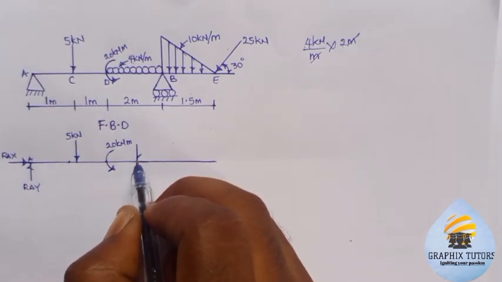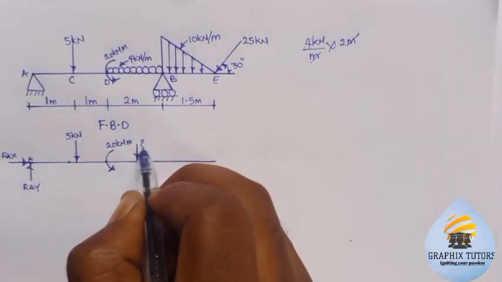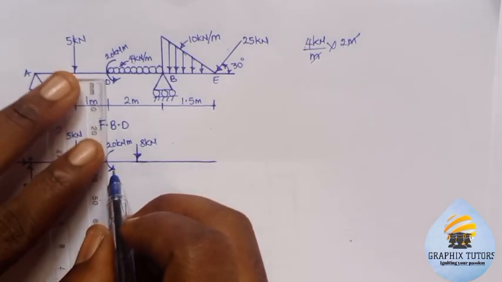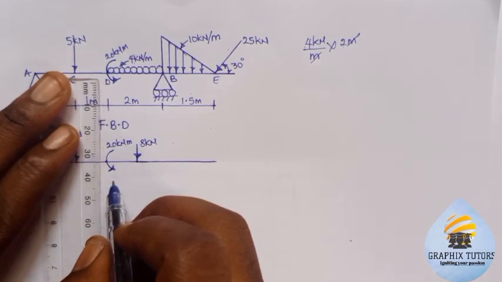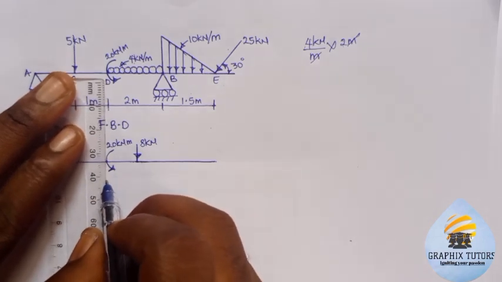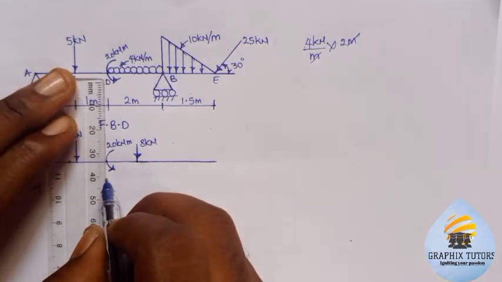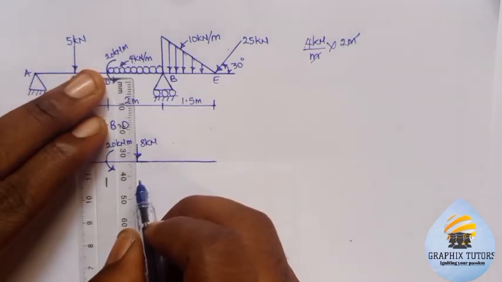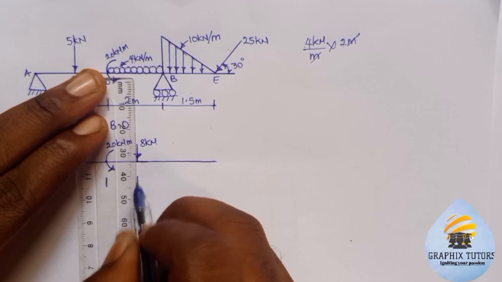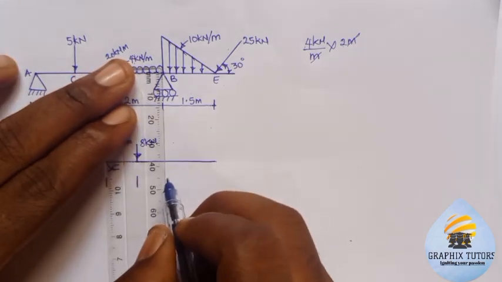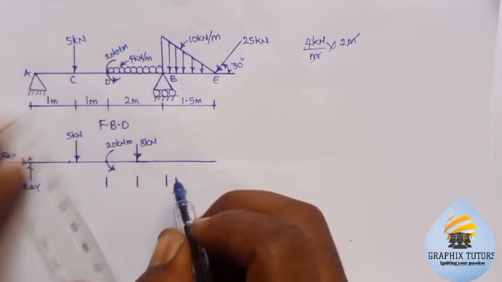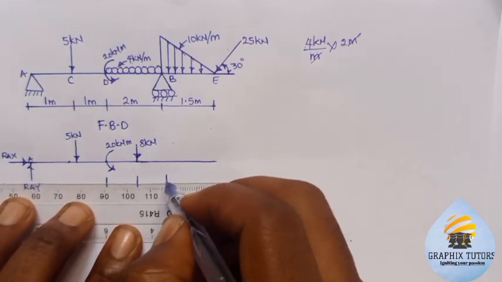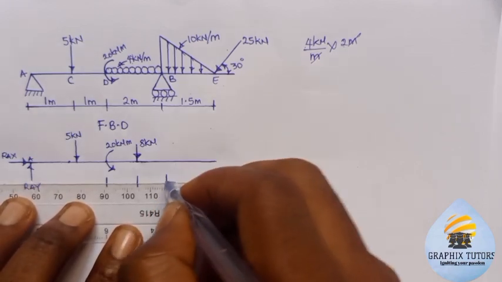From this point to this point will be my 8 kilonewton at a distance of, since from here to here is 2, that means the distance from this point to this point and back to this point will be 1 meter.